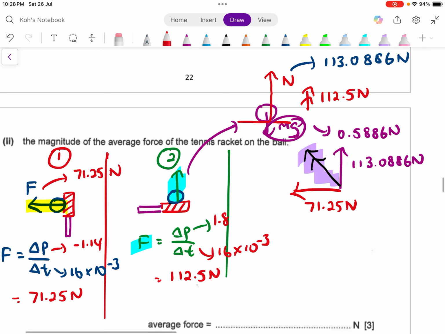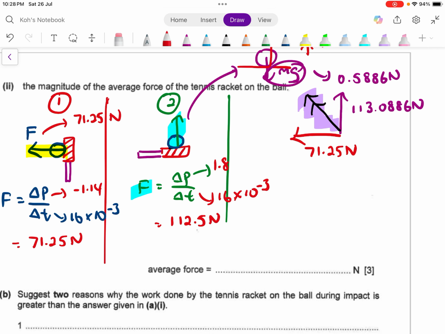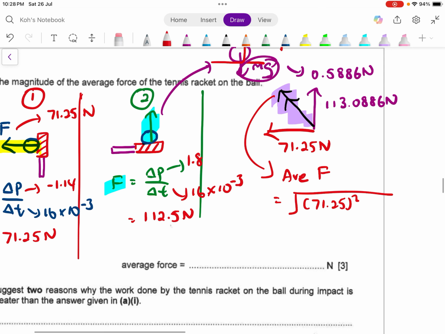Okay, so definitely I simply use your Pythagoras theorem. So let's call this average force. Average force is equal to square root of 71.25 squared plus 113.0886 squared.